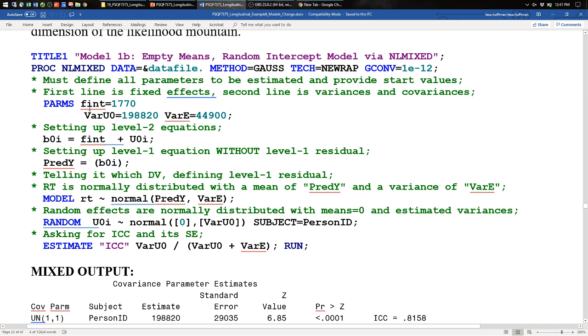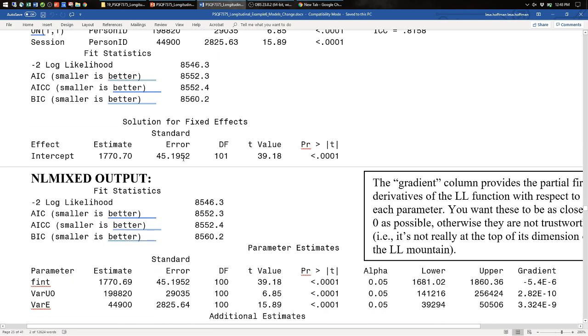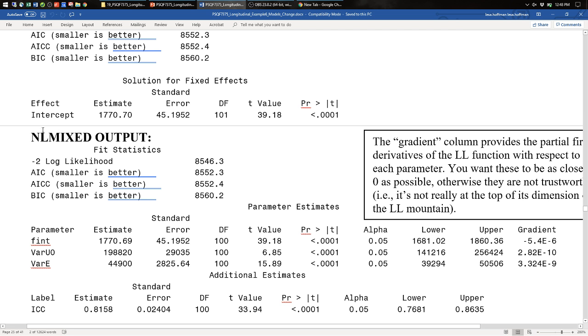So when we add additional fixed effects to the model, I'm going to list those all first, followed by the variances, to make it easier for me to read my own output. The other thing I want to point out, in addition to the additional estimates, so here's my intraclass correlation and its standard error. What does this mean right here?